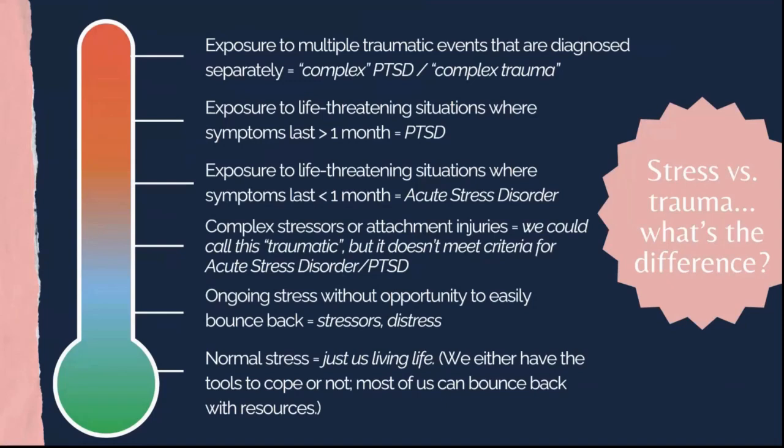Now, if we experience complex stressors, without the actual ability to bounce back, or if we experience difficulties in relationships to the point of attachment injuries, we could call this traumatic, but it doesn't actually meet criteria for acute stress disorder or PTSD. This is what we would say is like stress injuries, where it's not just a matter of being able to recover, where we actually need professional support.